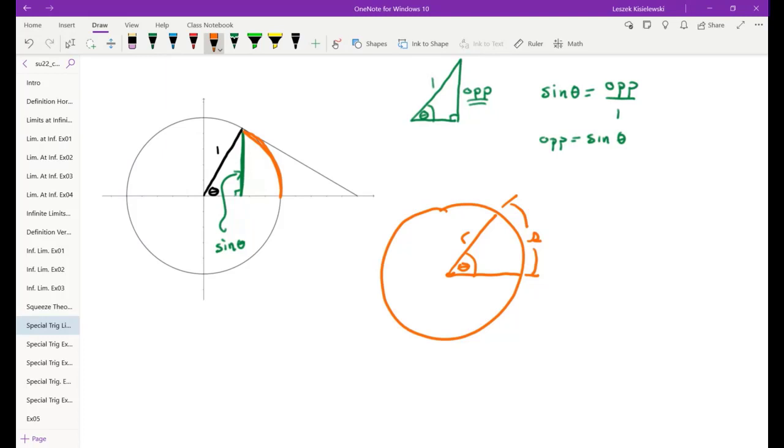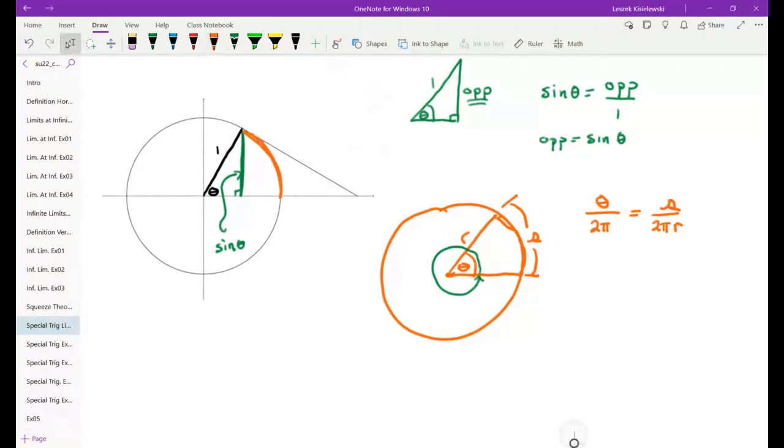Okay, so it turns out that the ratio of theta to the total angle in a circle in radians, 2 pi, so 2 pi is, of course, the total measure around a circle, would be the same as the length along that circumference divided by the total length along the circumference, i.e. the circumference.